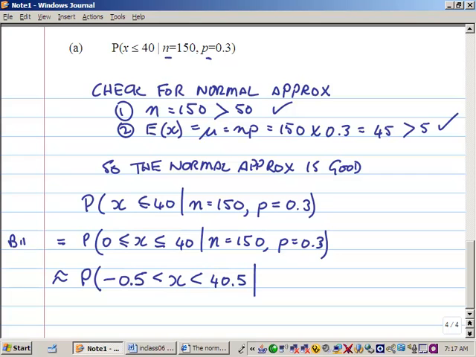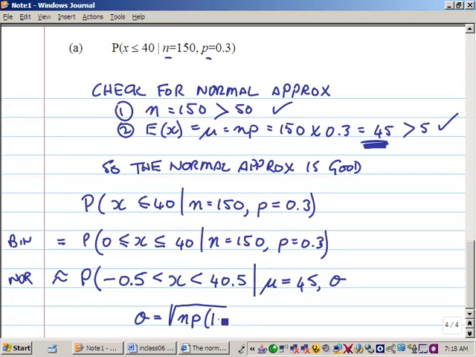So this is a binomial, this is normal. When we're talking about the normal, we need a mean and standard deviation. The mean was done up here, so 45. And we need a standard deviation, which I haven't talked about yet. The formula for the standard deviation, little sigma, is the square root of npq, or np times 1 minus p.